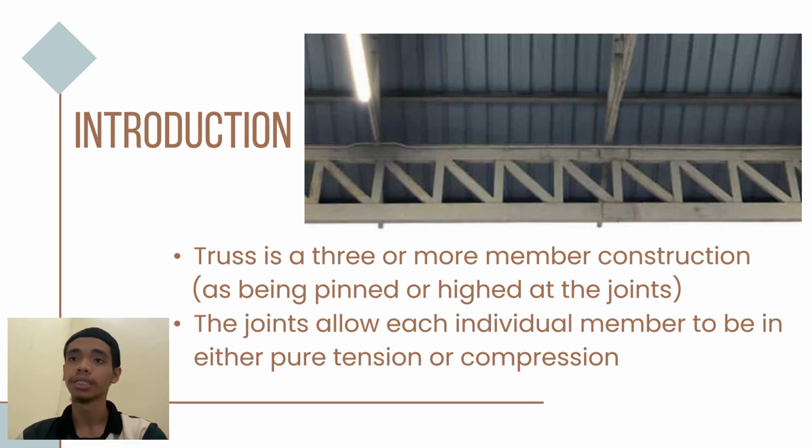A truss is a construction of 3 or more members, typically seen as being thin or high at the joints. A list of trusses is depicted in the image below. When a load is applied to a truss, the joints allow each individual member to be in either pure tension or compression.